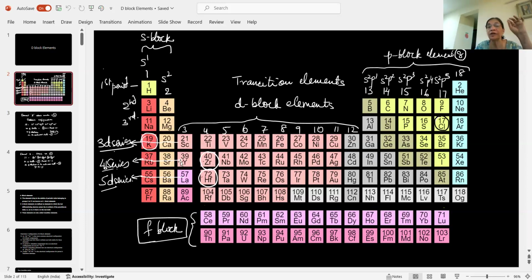So this is the periodic table, and these elements which are from group 3 to 12 in period 4, 5, and 6, they are known as D block elements. Why? Because the last electron goes into the D shell.